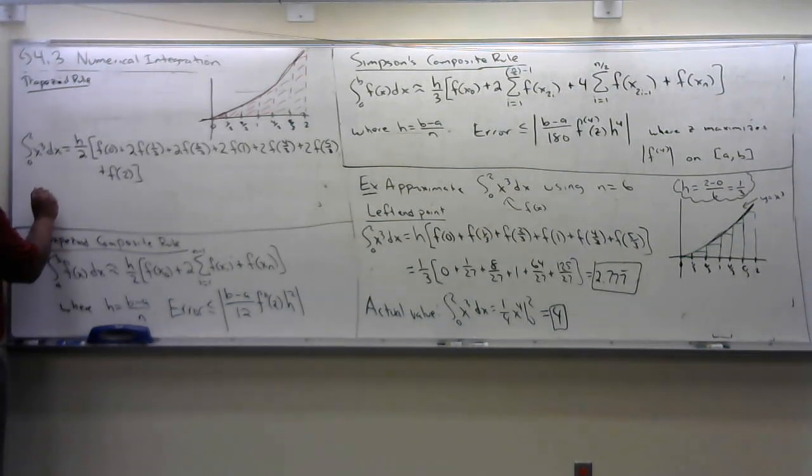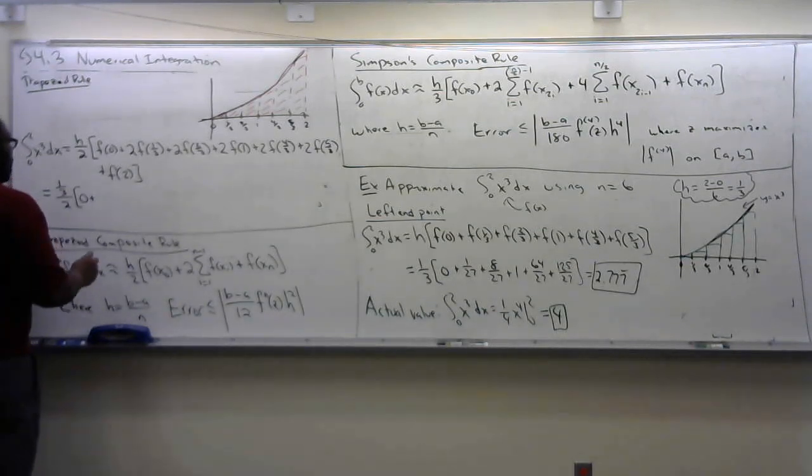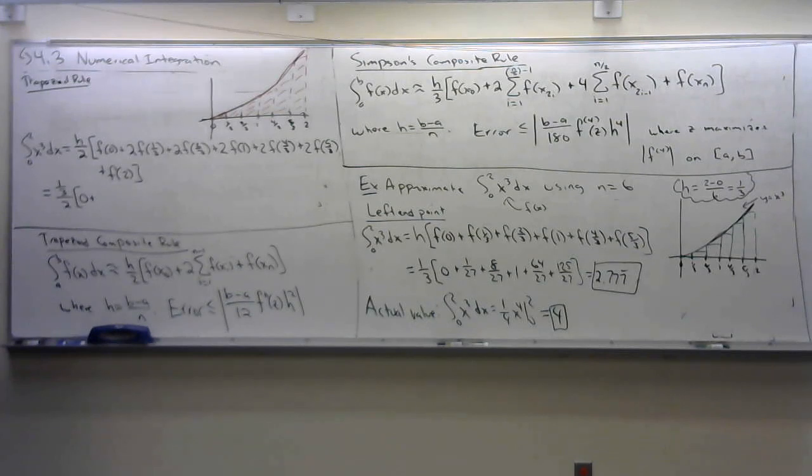So let's plug in and see what we get. So we get h, which is 1/3 divided by 2 times 0 plus... I know what these values are already.